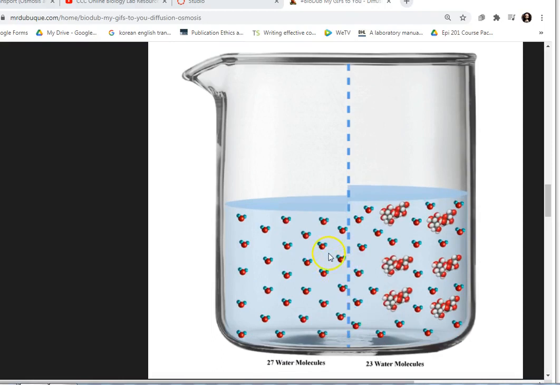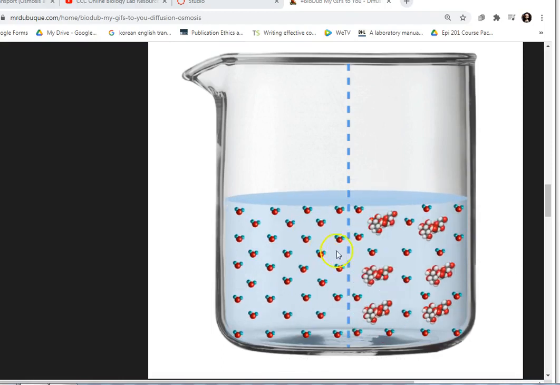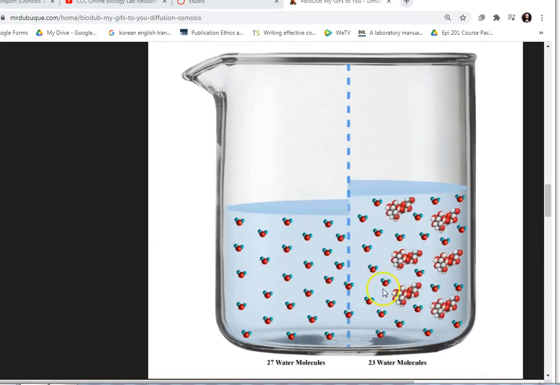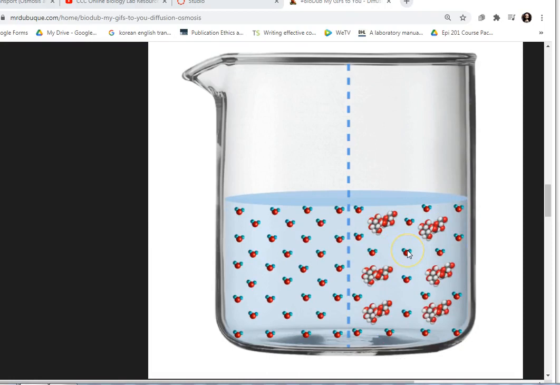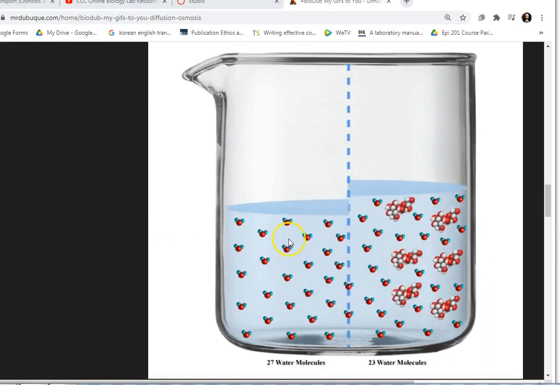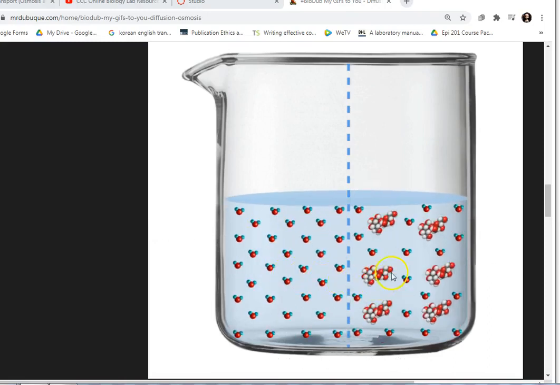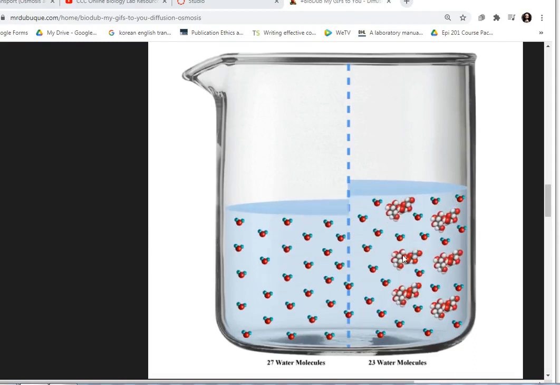So in order to decrease the difference between the concentration of glucose on the right side compared to the left side of the beaker, water will now be the one to pass through the semi-permeable membrane because it is allowed by the membrane.